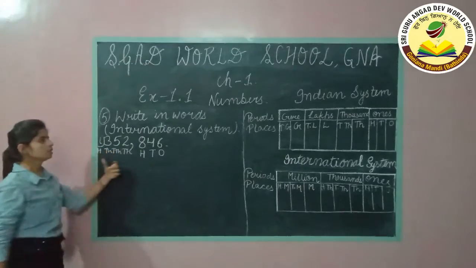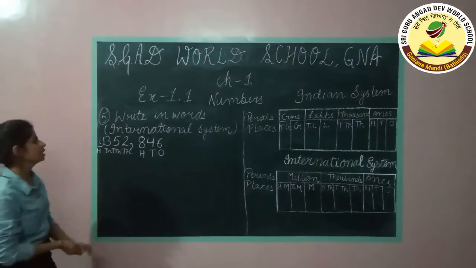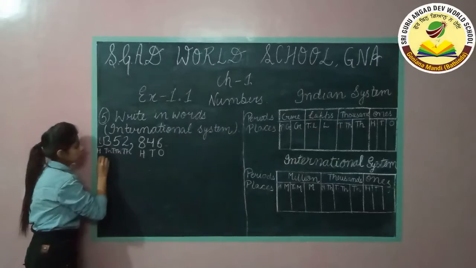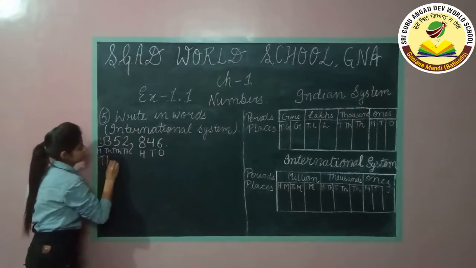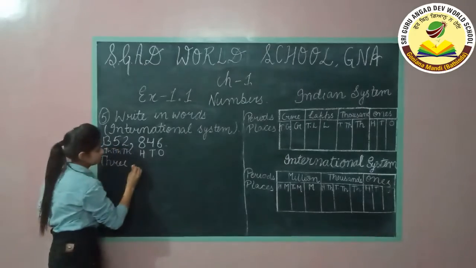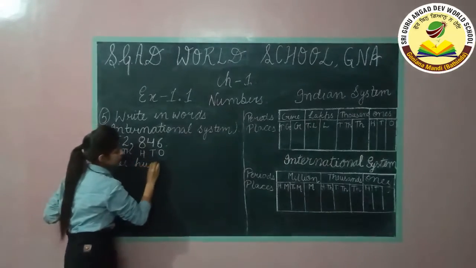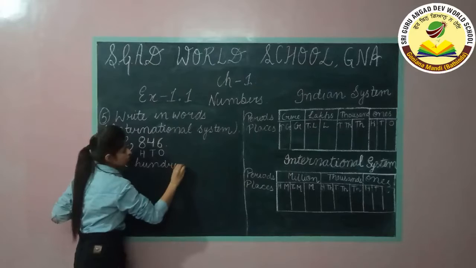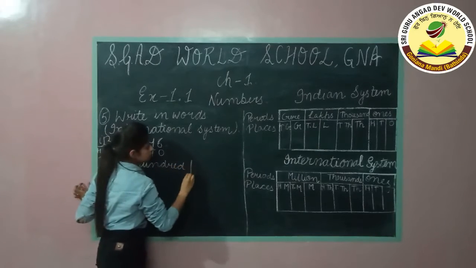We write it in names. Write its names. 3. This is called 352.